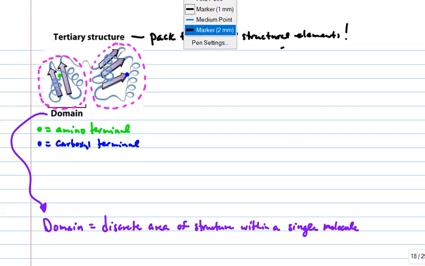Let me get the little marker here maybe. Here's a coil. There's a strand of a sheet. And then you see turns. You can see where the backbone is making an abrupt turn. So there's all three types of secondary structure here, but they're not all splayed out. They're all packed together into a three-dimensional structure.